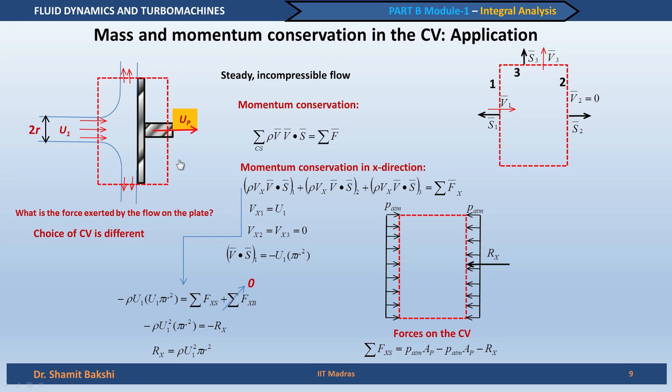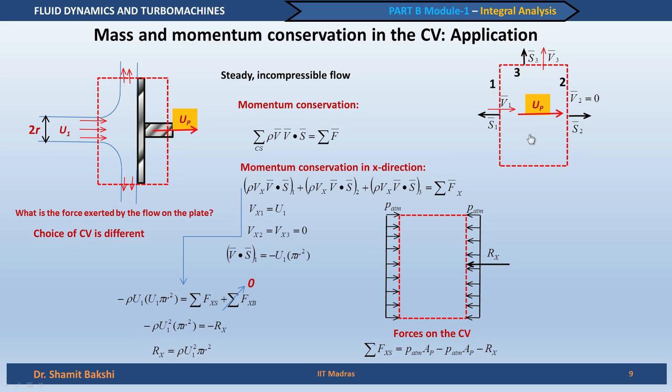If you look at the situation, the control volume itself now has a velocity, because as the plate moves we have to also translate the control volume so that we can track the situation. As we said before, we have to write all the velocities on the control surfaces with respect to a reference frame fixed to the control volume.